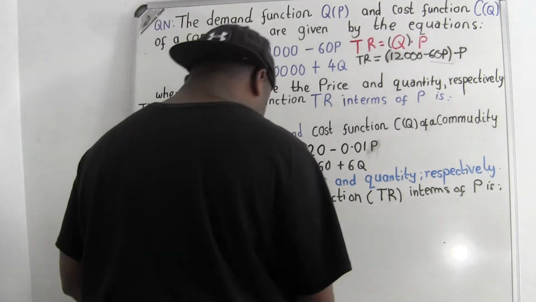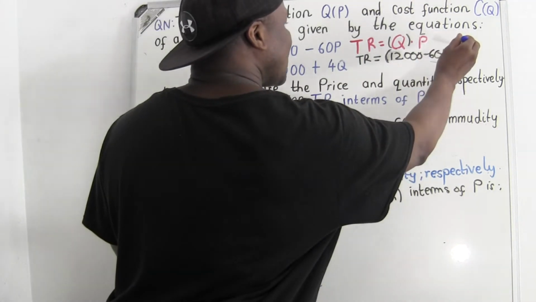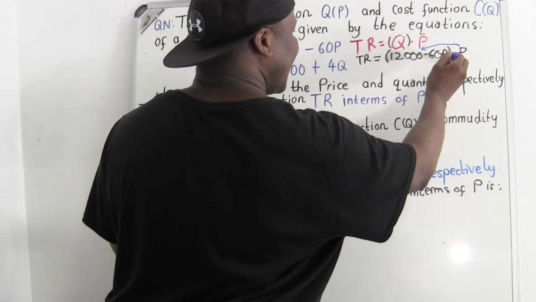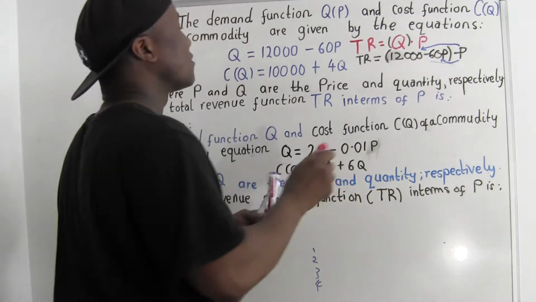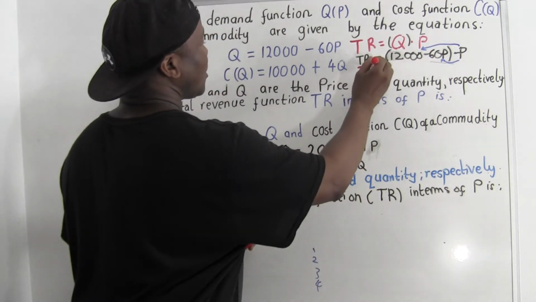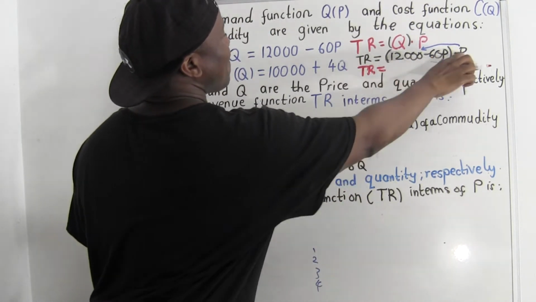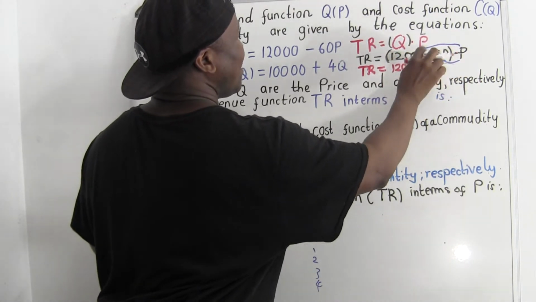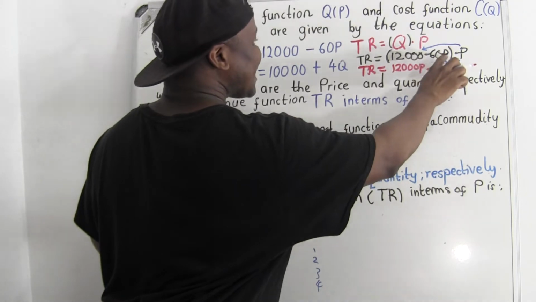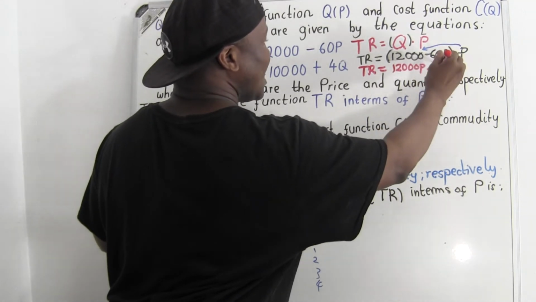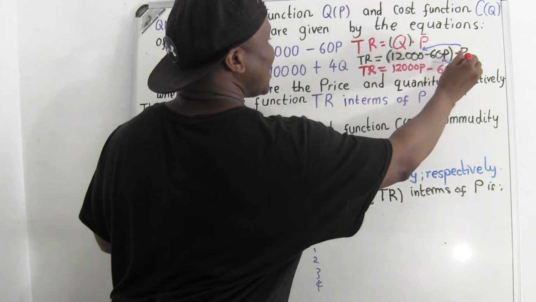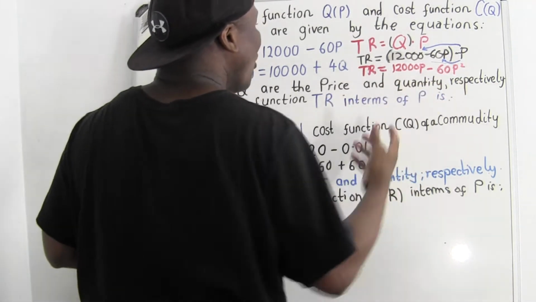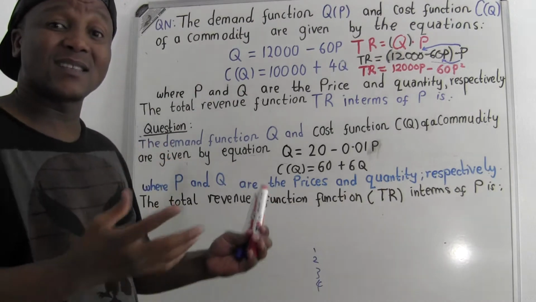You take the first number and multiply it by P, then the second number and multiply it by P. So total revenue equals 12,000 times P, which is 12,000P, minus 6P times P, which is 6P squared. That is our total revenue in terms of P. Why am I saying squared? Because like I said, this is basic math.